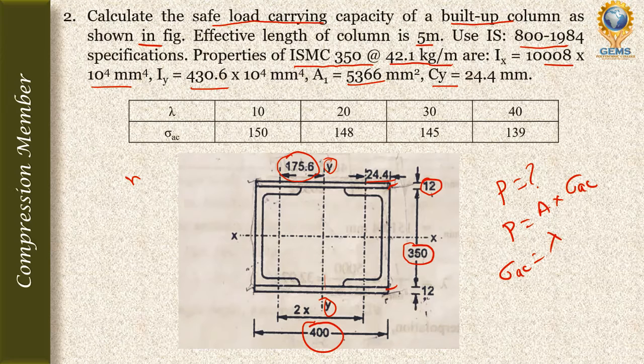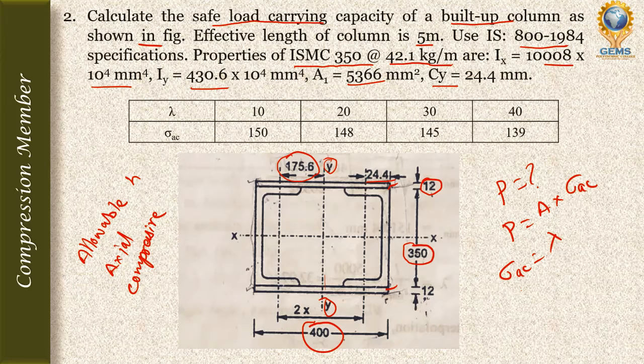This one is a column section, not an angle strut section. If it is an angle strut, we have to use the allowable axial compressive stress. But this one is a column section, so we directly use sigma AC, the maximum permissible compressive stress.